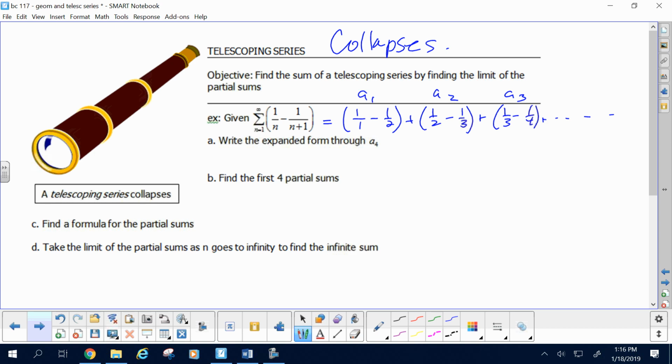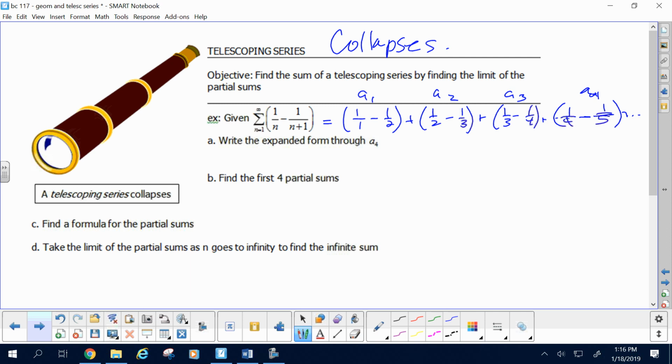You know, you need to put the parentheses in, students just find it easier to separate one from the other if you did. All right, now, it says through A4, sorry, I should have had one more term before I build. A4 is 1/4 minus 1/5. Do you see where I'm getting those terms? Okay.